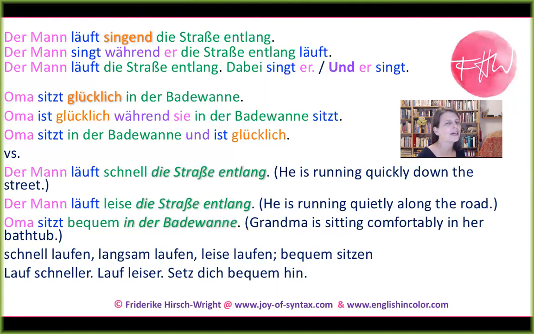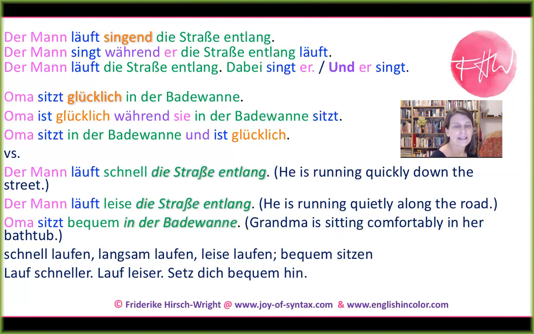So er läuft auf der Straße can mean he's moving in the street or along the street or down the street. And er läuft schnell, then he's actually running fast. So der Mann läuft schnell die Straße entlang. So we could actually argue that there are two kinds of verbs: laufen, to run and walk, and schnell laufen, to walk fast, to run fast.